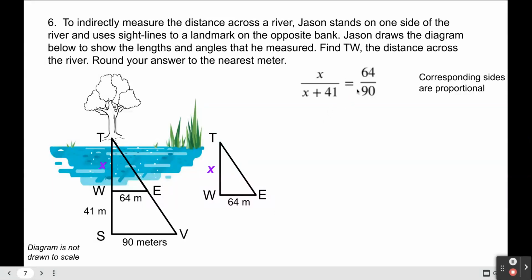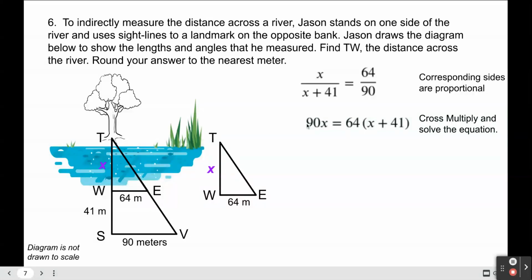So now we solve by cross multiplication. Of course, the first cross multiplication, 90x, is going to equal 64 times the whole thing, x plus 41. If I divided by 64 at this point, that would cause a fraction with the 90 and 64 being divided.